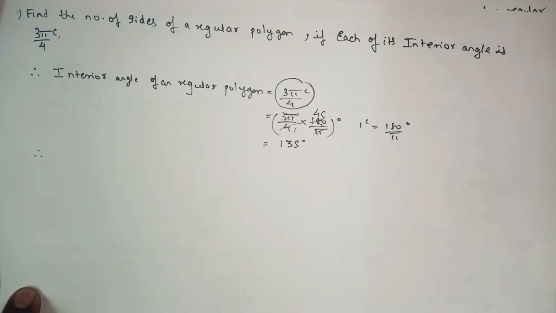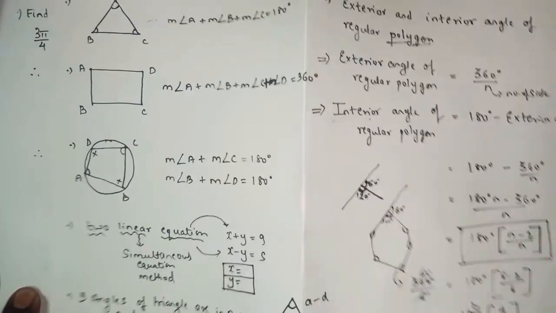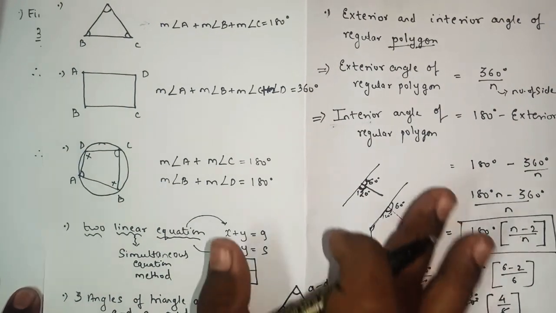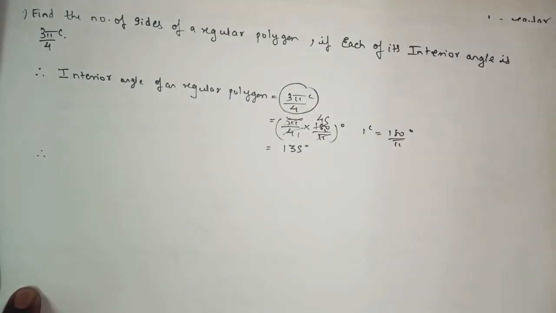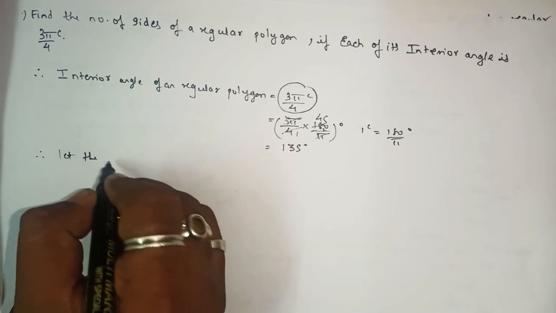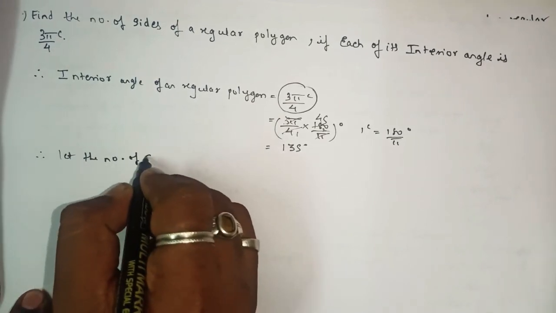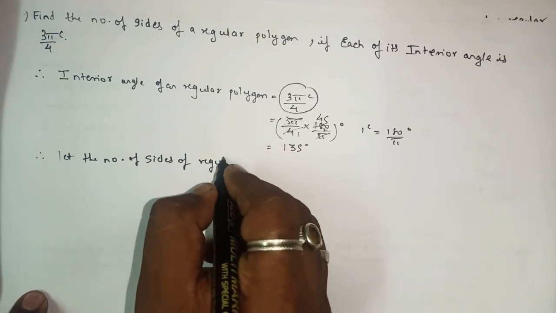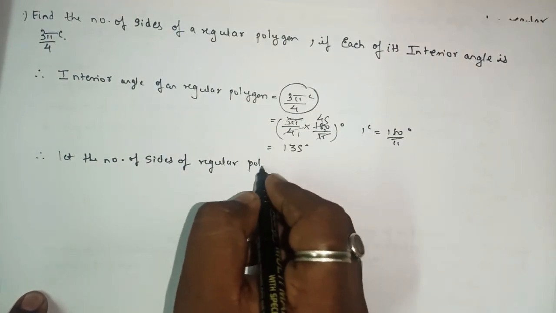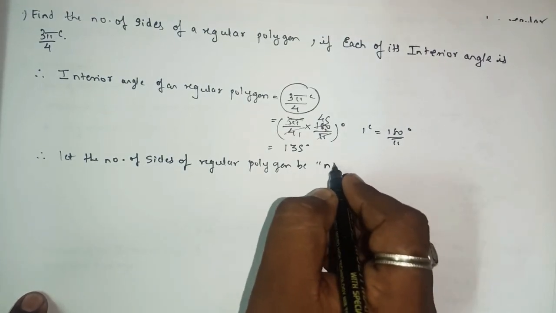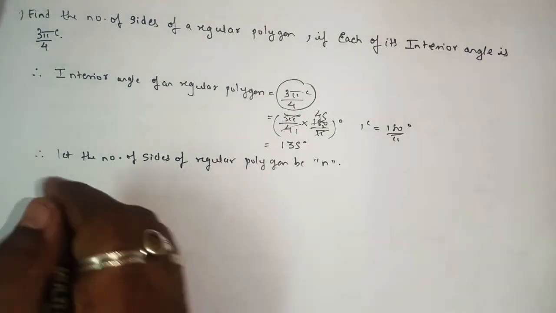As we know, the two formulas: the first one is for the exterior angle and the second one is for the interior angle. As for this sum, we don't know the number of sides, so let the number of sides of a regular polygon be n.